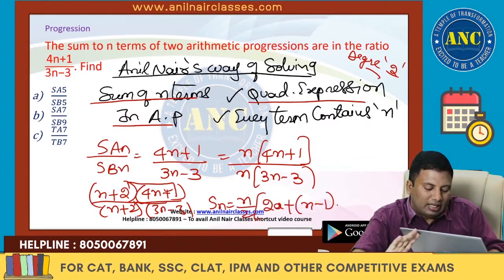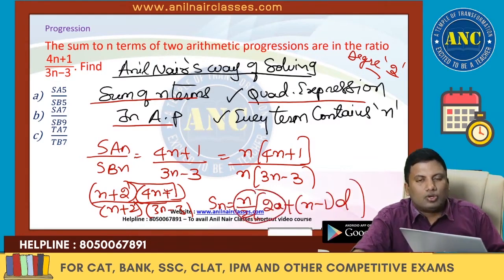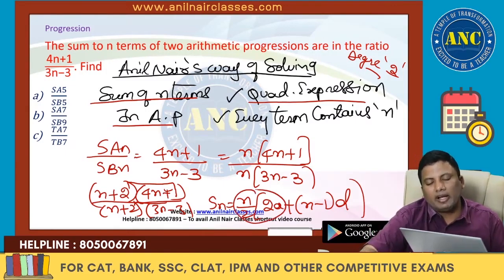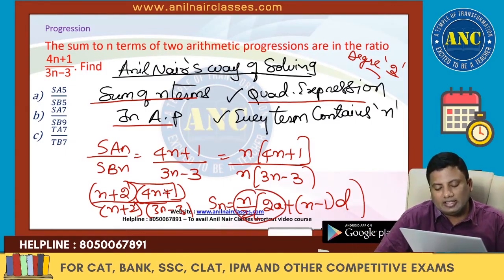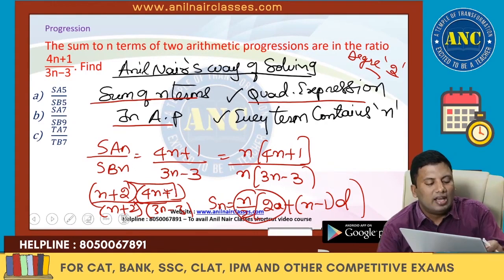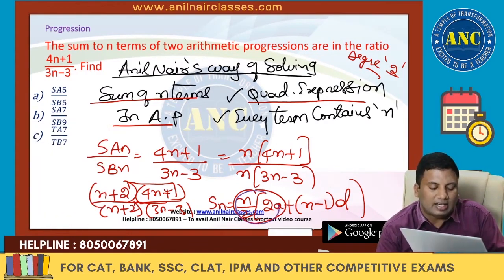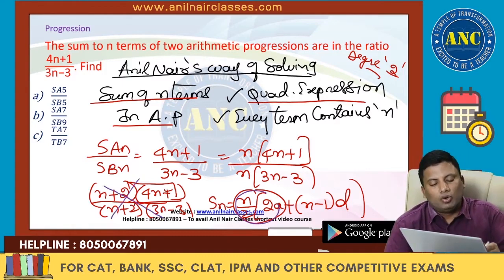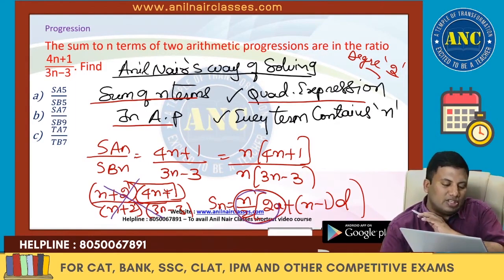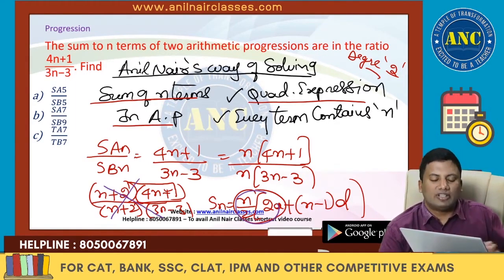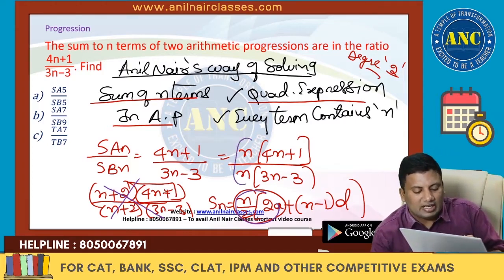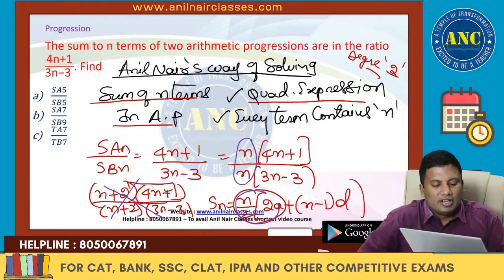Every term contains n. n by 2 into 2a contains n. n by 2 into n into d contains n. n by 2 into minus d also contains n. I cannot do it with n plus 2 and so on. There is no term which contains a constant. That is the reason I multiplied with n.